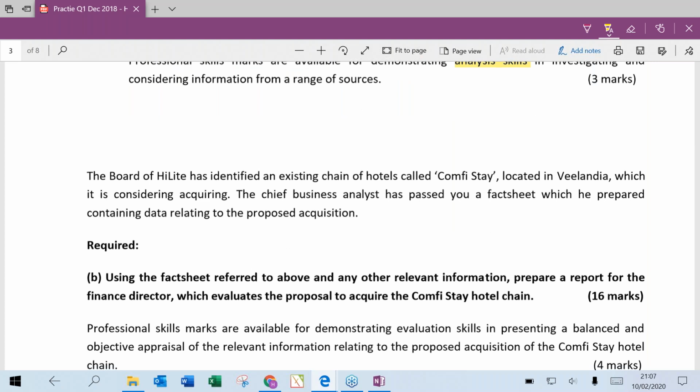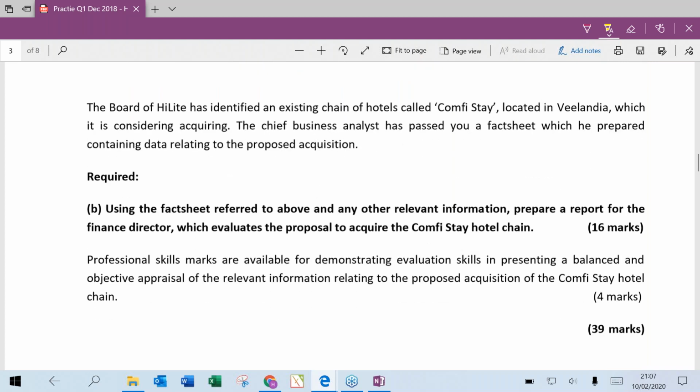Let's move on. The board of Highlight has identified an existing chain of hotels called Comfy Stay, located in Villandia, which it is considering to acquire. The chief business analyst has passed you a fact sheet which he prepared containing data relating to the proposed acquisition.